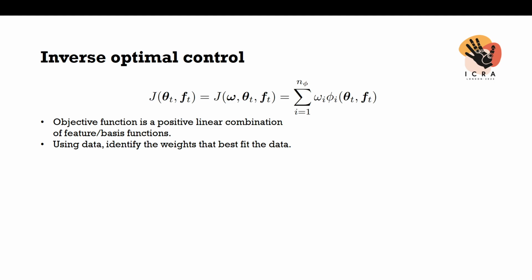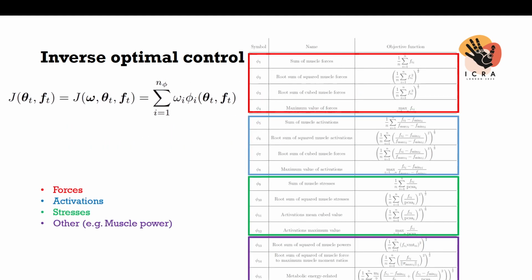So the idea of inverse optimal control is, once we have the data, we want to find an objective function. The objective function is most commonly represented as a linear positive combination of feature functions. The feature functions are denoted here by the symbol phi, while the weights are denoted by the symbol omega. And so we are going to use the data to identify the weights that make our model best fit the data.